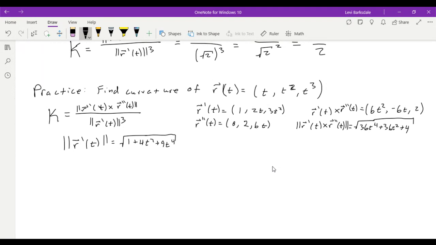Not a whole lot we can do to simplify these, so we can basically just write out our curvature. The only simplification we can do is pull a 4 out of the numerator, so 2 square root 9t to the fourth plus 9t squared plus 1 over 1 plus 4t squared plus 9t to the fourth to the 3/2. And that would be our answer.